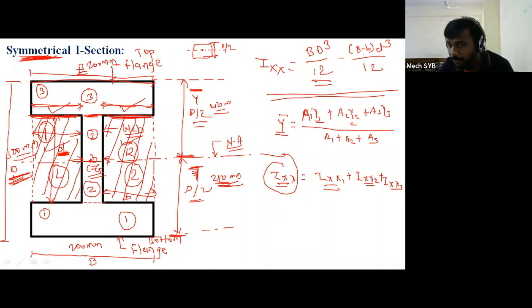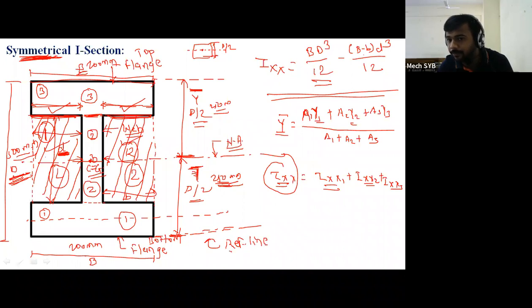मग y1 means y1 represents the position of CG of section 1 from the bottom side. ह्या bottom side ला आपण काय म्हणू, ही जी खालची डॉटेड लाईन आहे त्याला आपण काय म्हणूया रेफरन्स लाईन म्हणू. विल गिव्ह वन नेम दॅट इज रेफरन्स लाईन. मग y1 डिस्टन्स म्हणजे काय CG of section 1 from the reference line that is y1. बरोबर. समजा y1 distance, then what is y2?